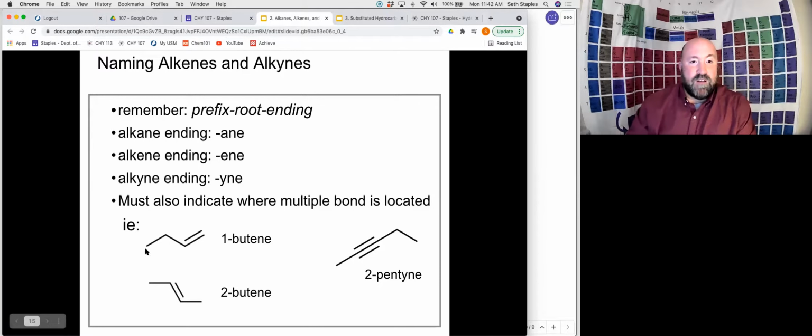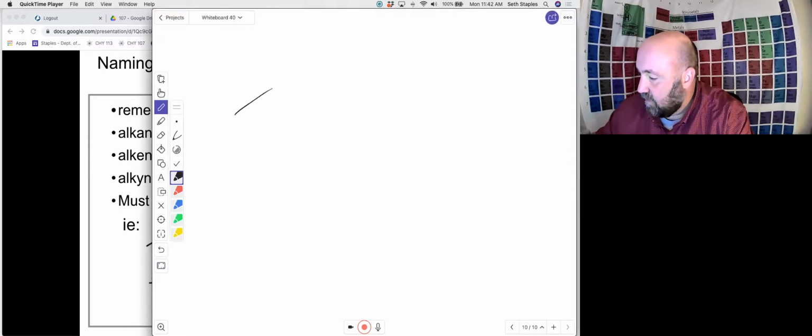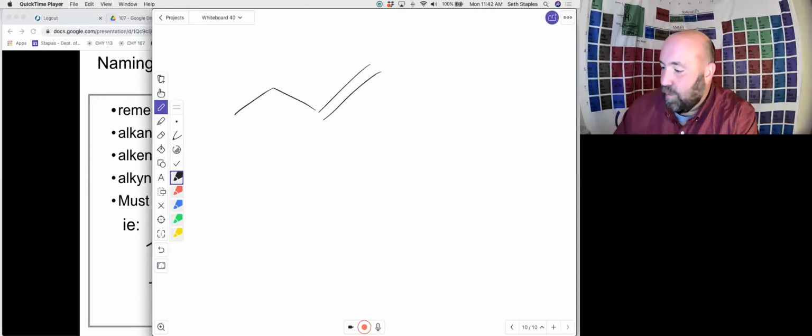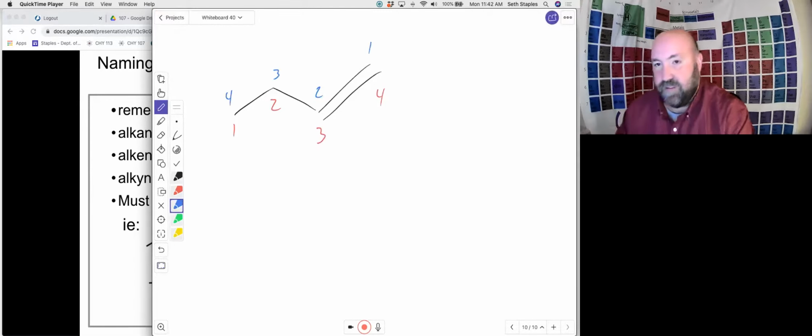If we started numbering right here, actually, let's redraw that. So we have this compound right here. We have two choices for how we number these carbon atoms: either 1, 2, 3, 4, or we can start over on the right-hand side and number opposite. We're always, always, always going to choose the numbering convention that gets us to the lowest number.